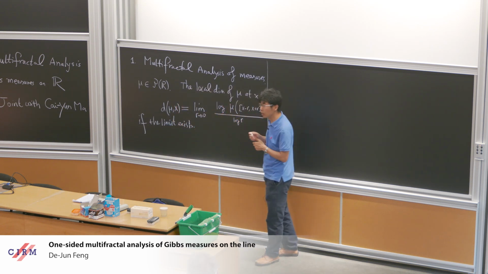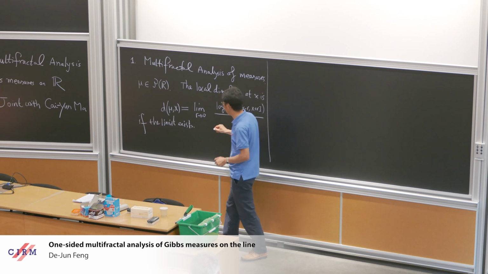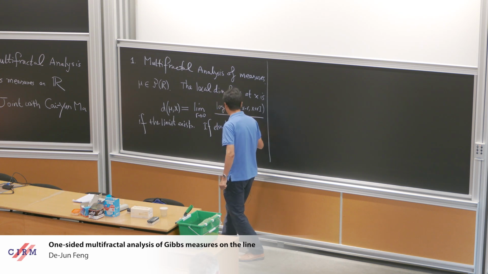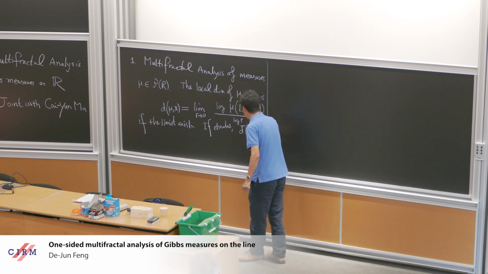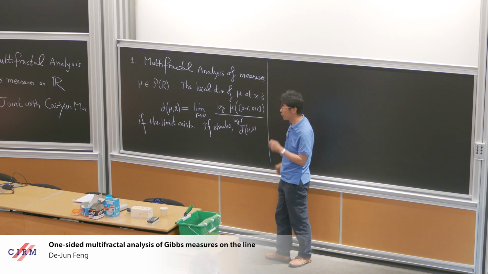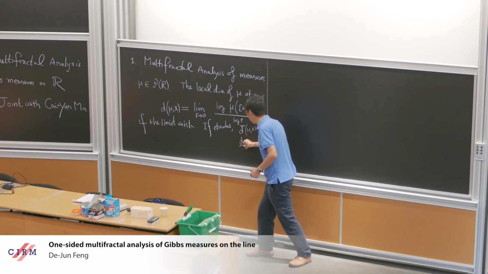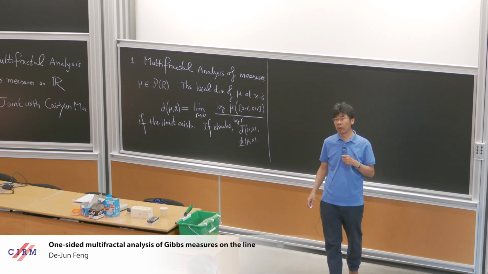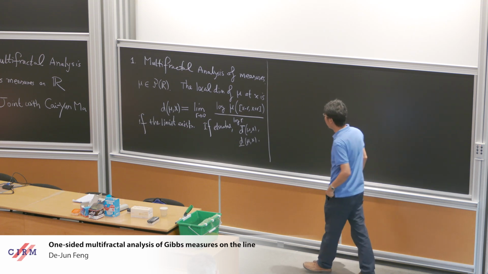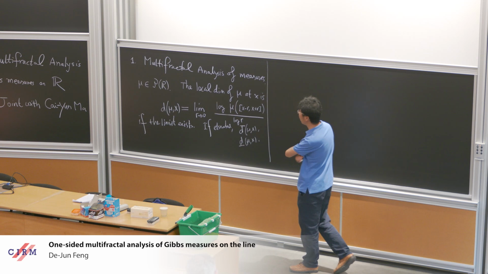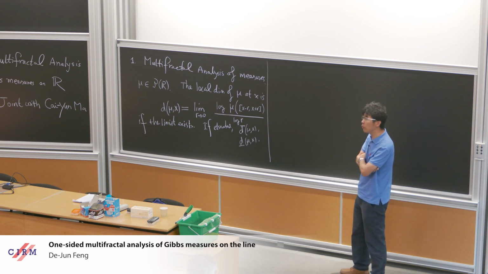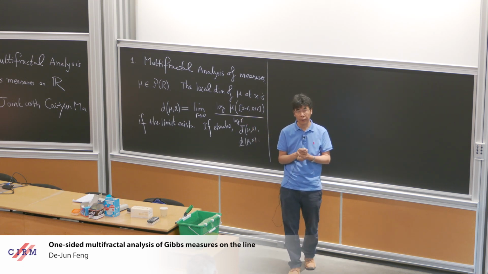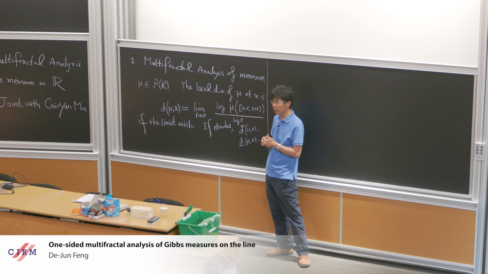Otherwise, if the limit does not exist, we can consider the upper local dimension, which we denote by d bar mu x, and the lower local dimension, d underline mu x, to define the upper and lower limits. So the multifractal analysis aims to describe the dimension of a level set of local dimensions.